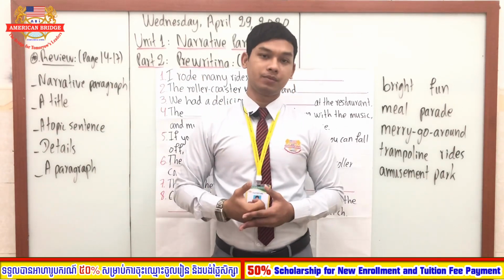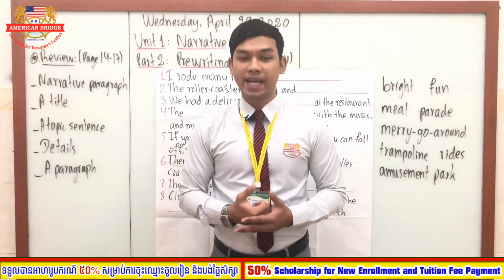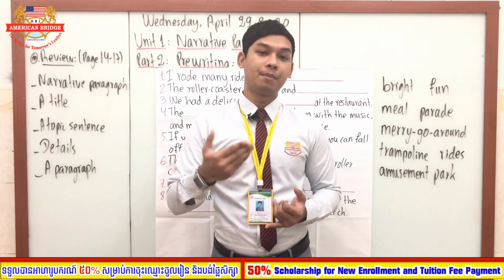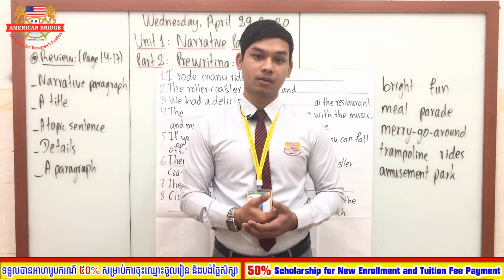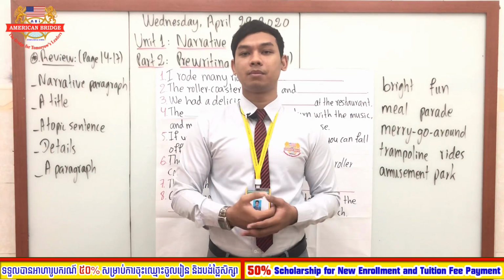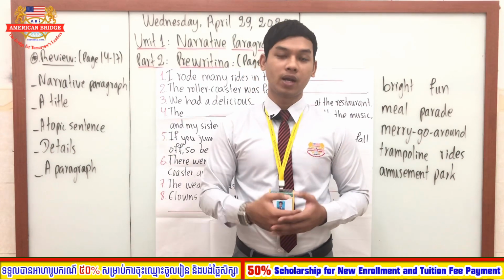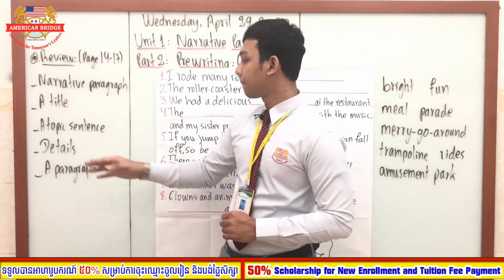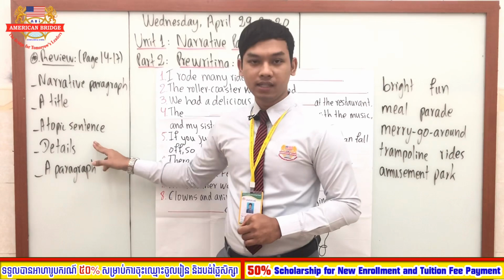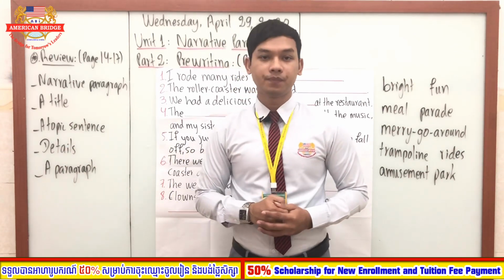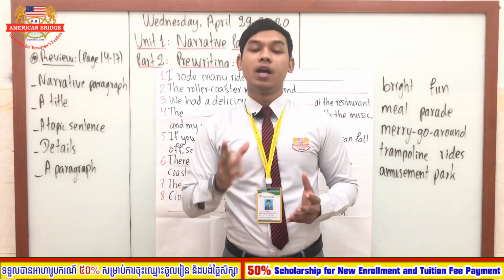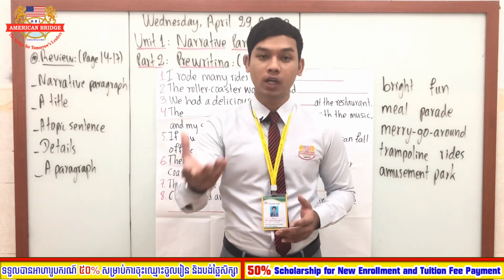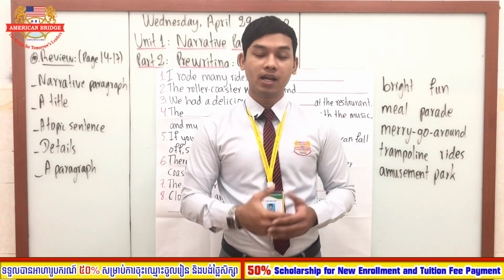And how about a title? What is a title? All right, a title is a name of a story or a name of a paragraph that you write about. Or it could be something that you have to know before you write the paragraph. And what is the topic sentence, everyone? The topic sentence is a short sentence that tells about the main idea.